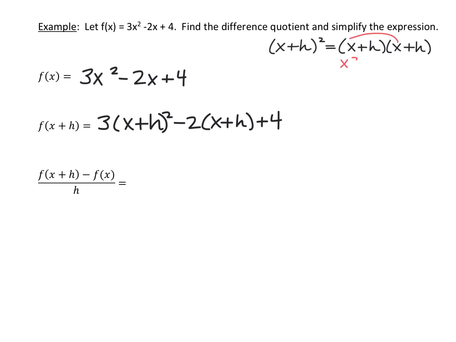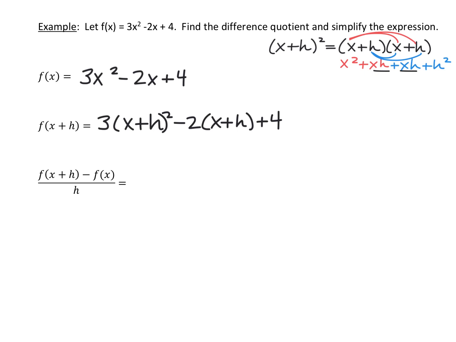X times x is x squared. X times h is xh. Okay, repeat. So x times h again. And then h times h gets you h squared. So it's not x squared plus h squared because you have middle terms. So these combine. There are two of them. So the middle term, when you have two of the same binomial, will always be double.